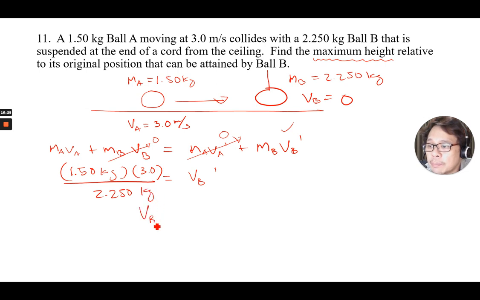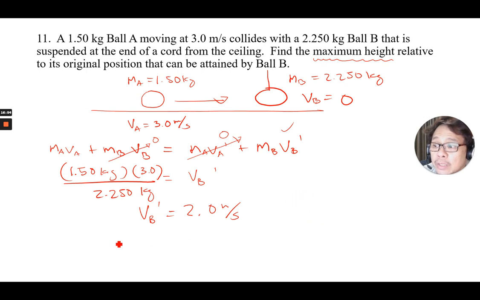So what is VB prime? VB prime, you will get 2.0 meters per second. But we do not need this by itself; we need this to solve for the maximum height.